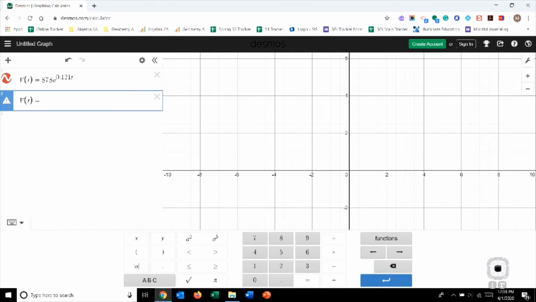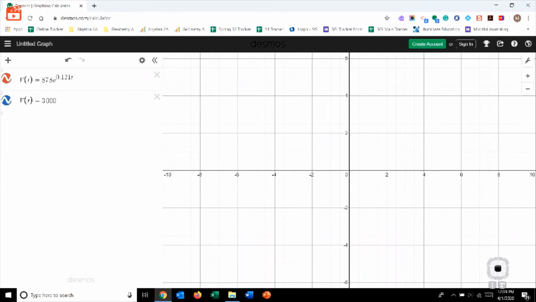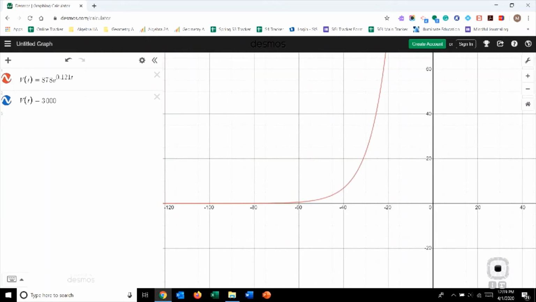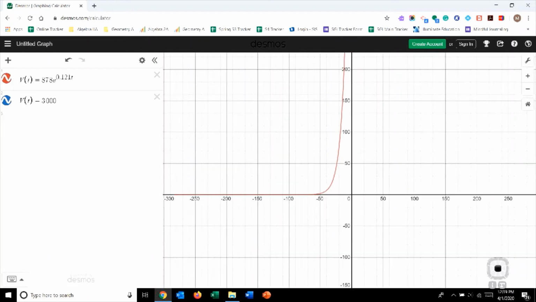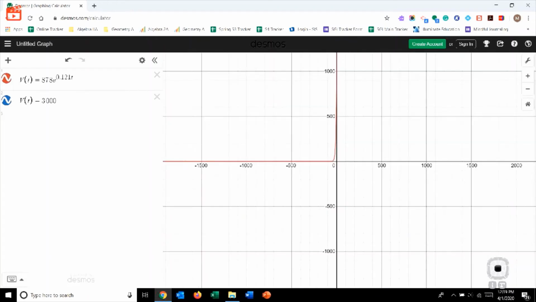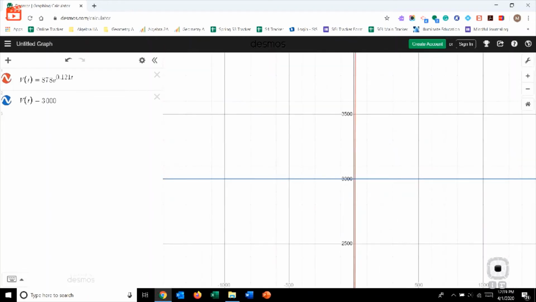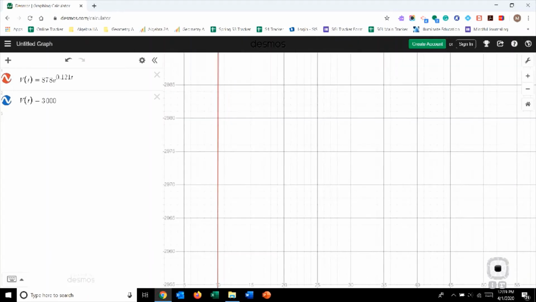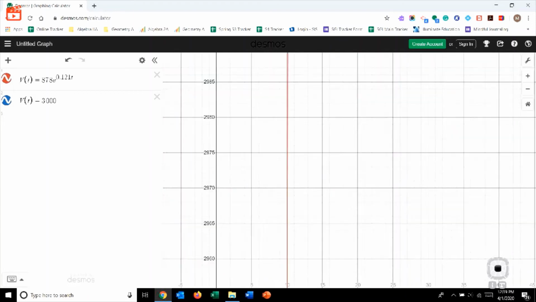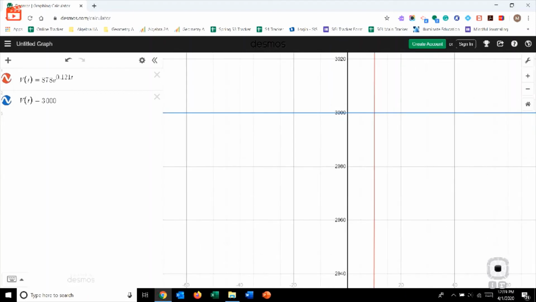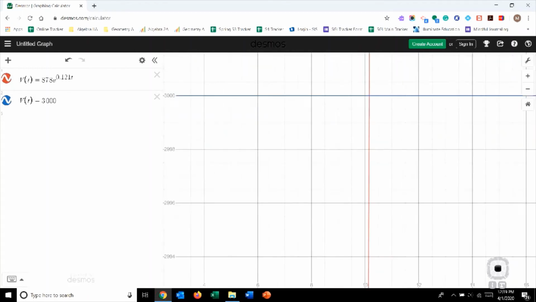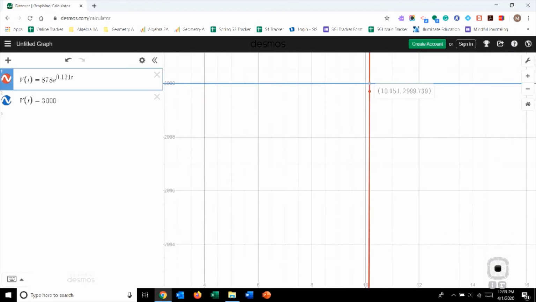Okay, and then let's zoom out. So there is the exponential growth function, and then we're looking at 3,000, and that is right here. Okay, so zooming in, and if I click the intersection point, it will take 10.155 years to reach 3,000.